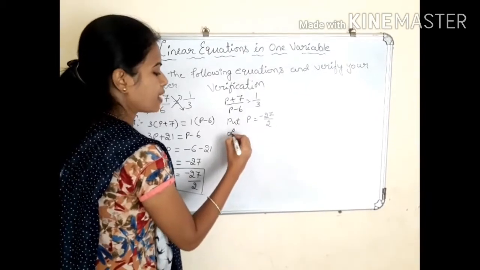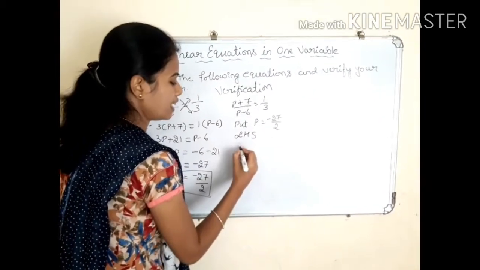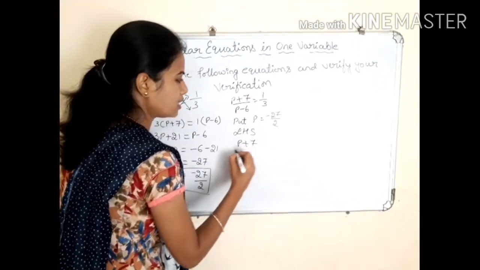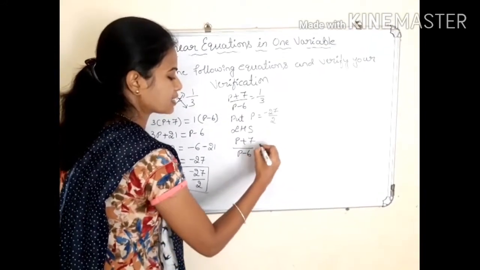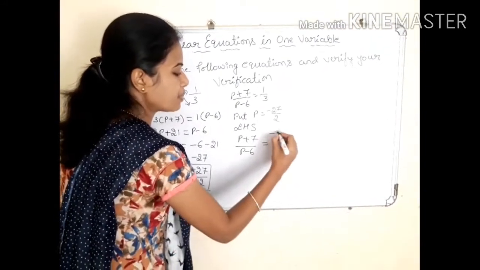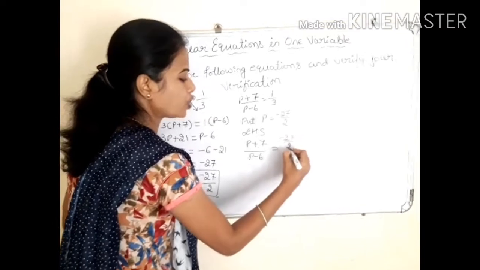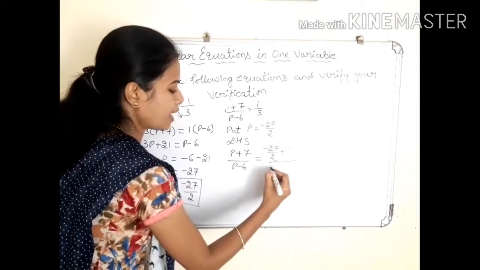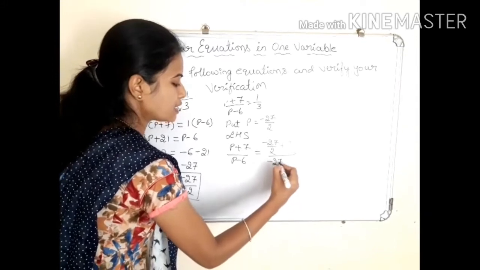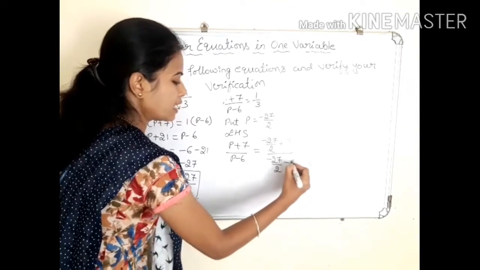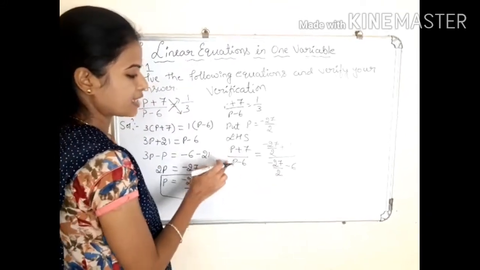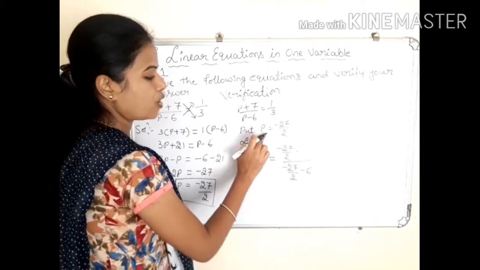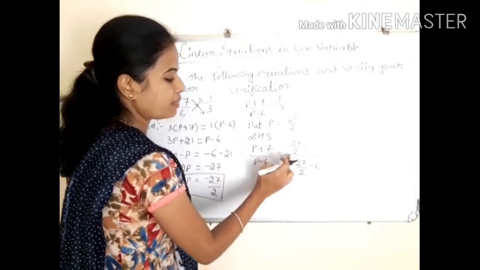In the LHS part, (p + 7)/(p - 6) equals (-27/2 + 7) whole divided by (-27/2 - 6). Wherever p is there, just write down the p value minus 27 by 2.